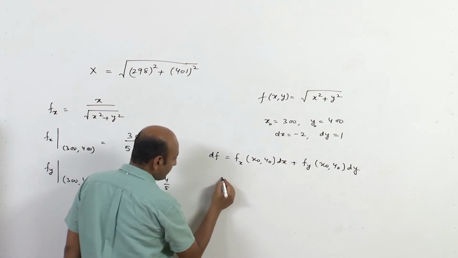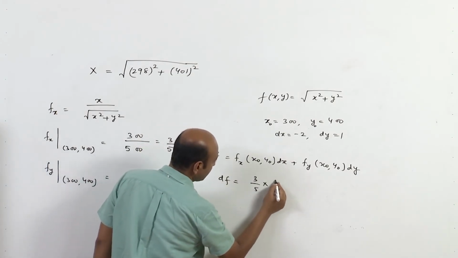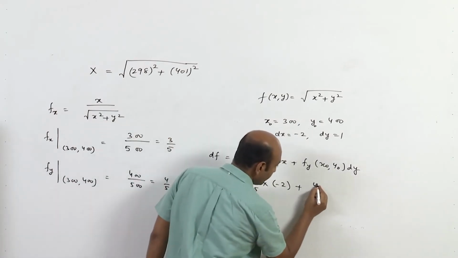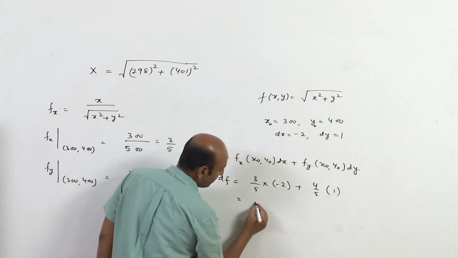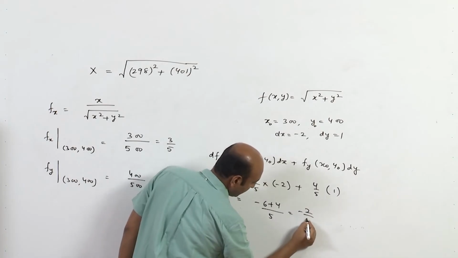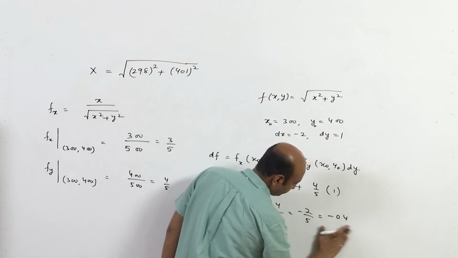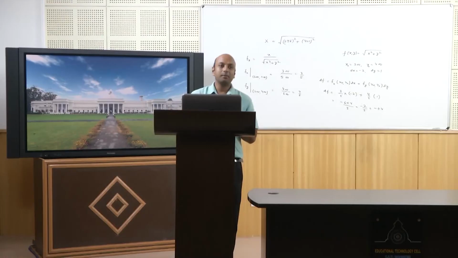So, what will be df? df will be 3 upon 5 into dx, which is minus 2, plus fy, which is 4 upon 5, and dy is 1. So, that will be simply minus 6 plus 4 upon 5, that is minus 2 by 5, that will be minus 0.4. The approximate change in the value of the function is minus 0.4.